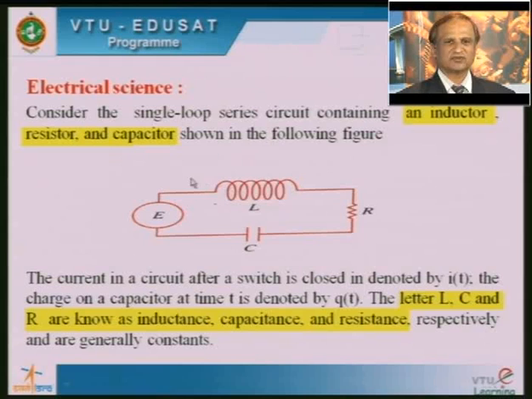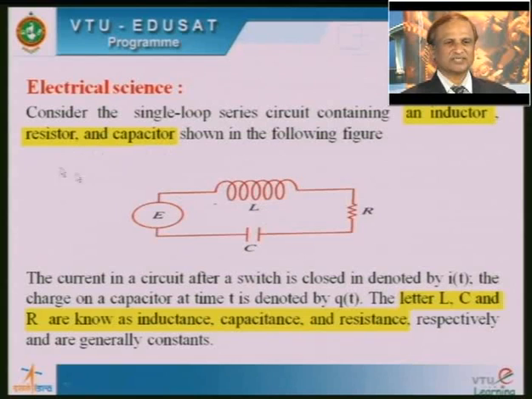Okay, friends, so far we have discussed the spring mass system and explained the meaning of damping, overdamping, critical damping. Now we can consider similar types of equations. How does a differential equation behave in electrical sciences?